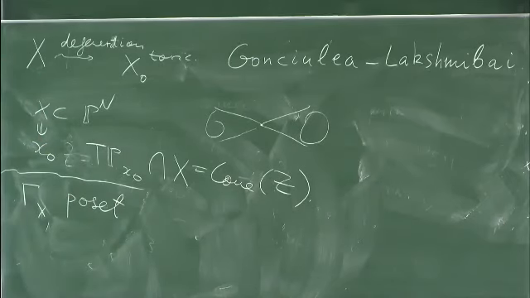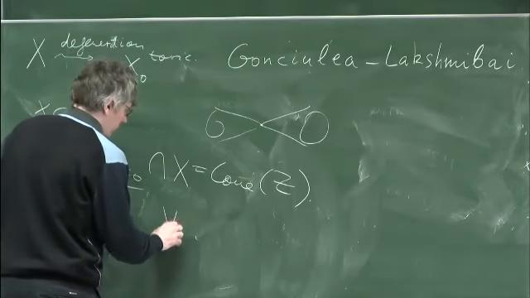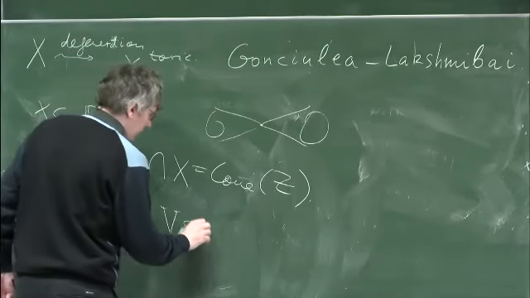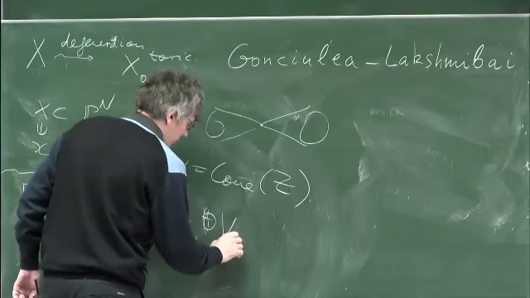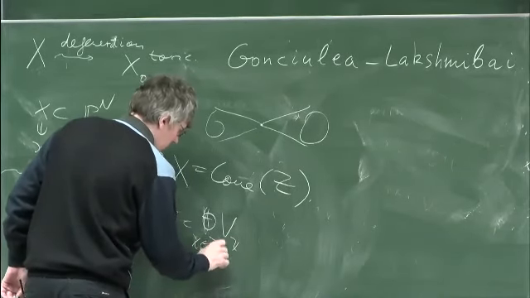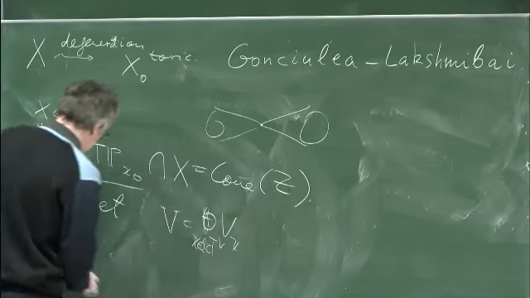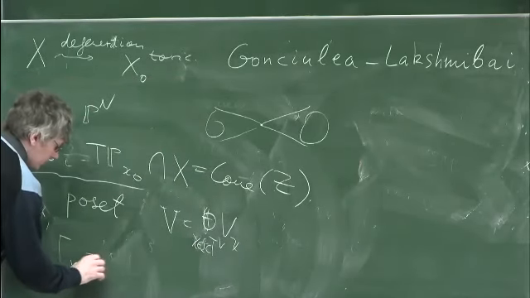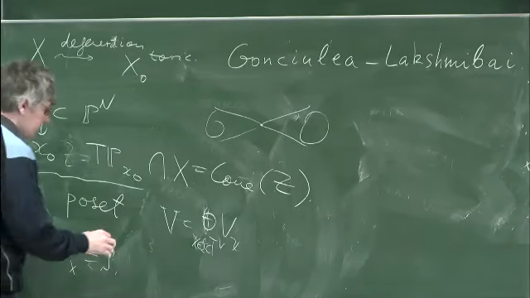What is this? We consider all these weights. So we have our representation V, which is the sum of V_chi, where chi is an element of some set S. And this gamma X, as I said, is just this S. So it's the set of weights of our representation. And there is a partial order.